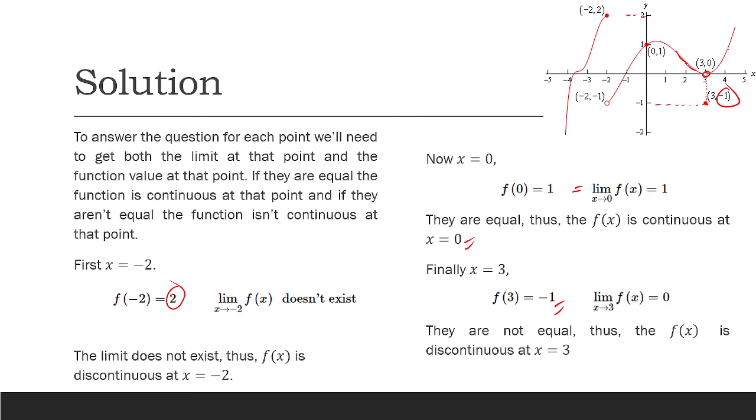Now, from the right-hand side, from the positive side, or from the side na mas malaki kaysa sa positive 3, if we come from this point, papunta sa x is equal to positive 3, we are also approaching the value 0. So therefore, the limit natin of f of x as x approaches positive 3 is equal to 0 because the left-handed and the right-handed limits are equal to 0.